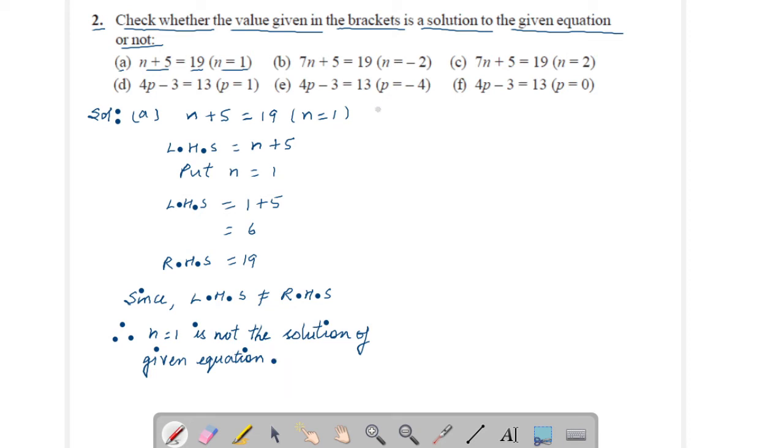Now come to B part. Here it is 7n plus 5 equal to 19 and n is equal to minus 2.